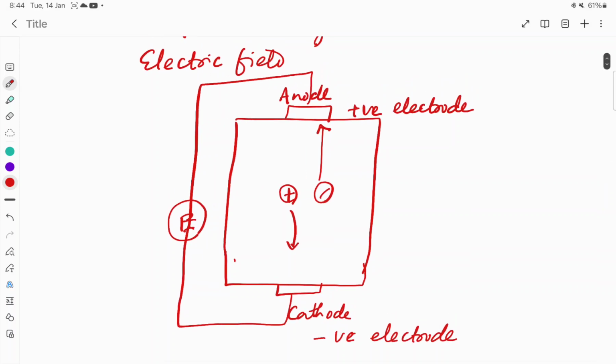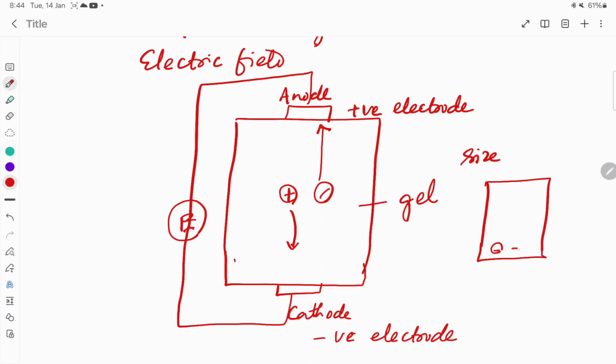Suppose we have all negative charges, and we provide a medium, say gel. Then based on their size they will move. Suppose we put negative charges at one side, then these negative charges will move towards the anode, the positive electrode, based on their size.